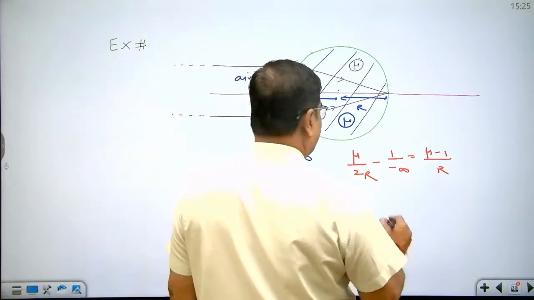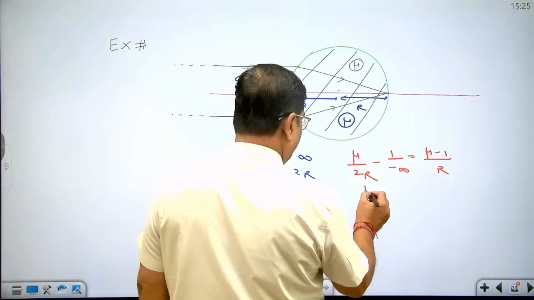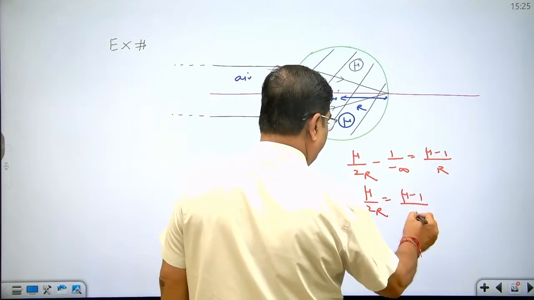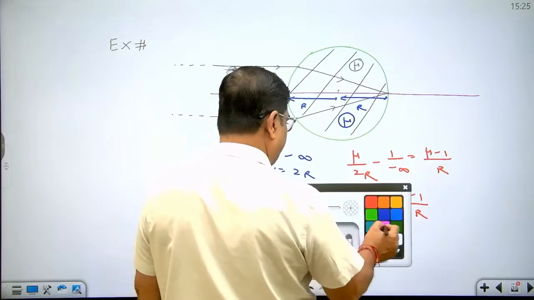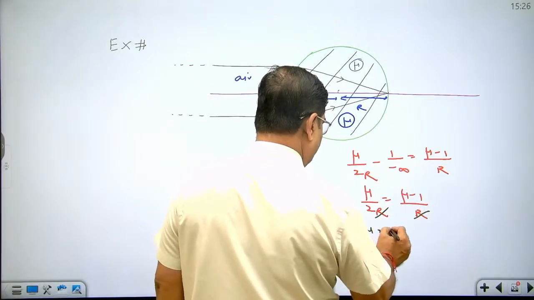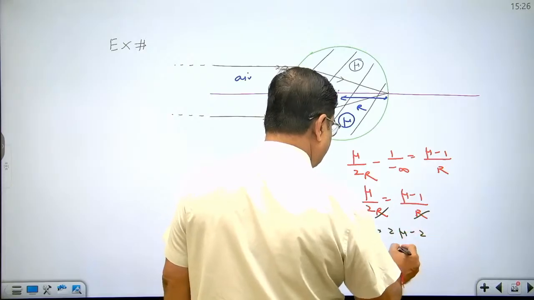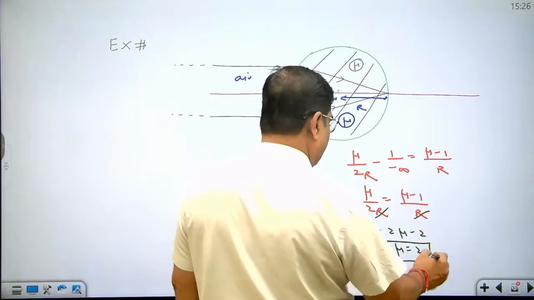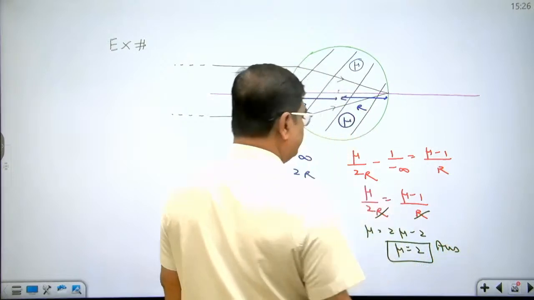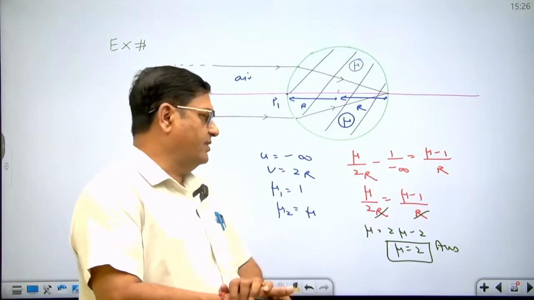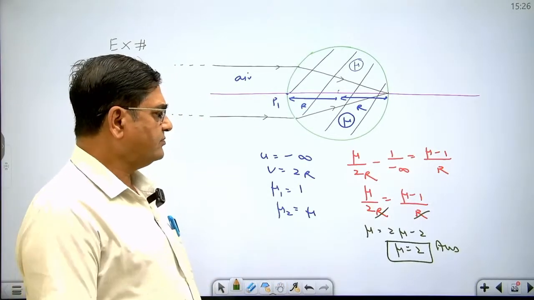So mu upon 2r equals mu upon mu minus 1 upon r. R will get cancelled. So what are we getting? Mu equals 2 mu minus 2. So mu equals 2. This is the answer to our question. In this way, we can solve any question, by applying proper sign convention.